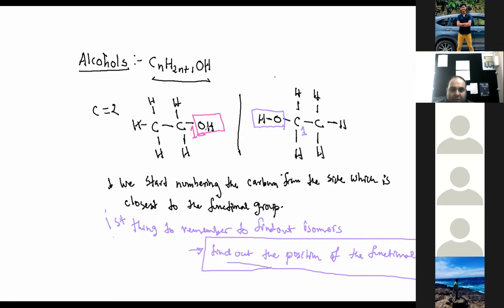So here we know that this is OH, and this is also OH. This OH is linked to this carbon, and this OH is linked to this carbon. Since these carbons are directly linked to the OH, the position of these carbons is carbon number 1.